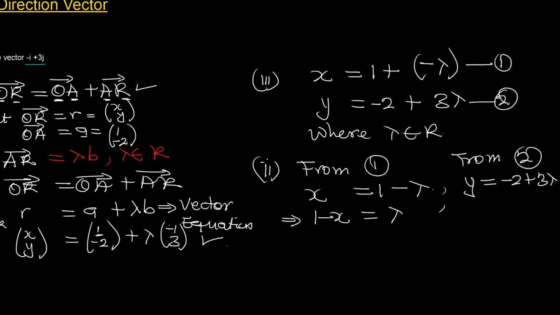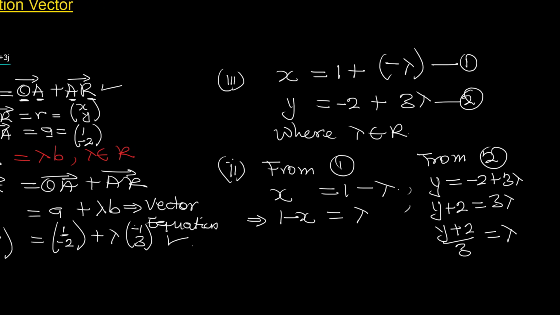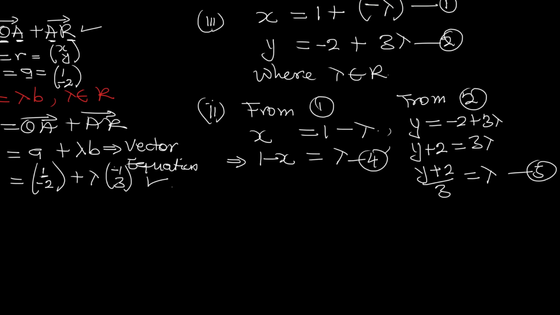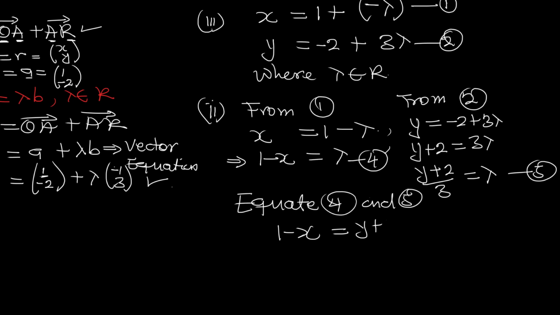This implies that y plus 2 is equal to 3 lambda, and we can write (y plus 2) over 3 is equal to lambda. Now, because these two equations, equation 4 and equation 5, are both equal to lambda, we can equate them. If we do that, then we have 1 minus x is equal to (y plus 2) over 3. This is the Cartesian equation.